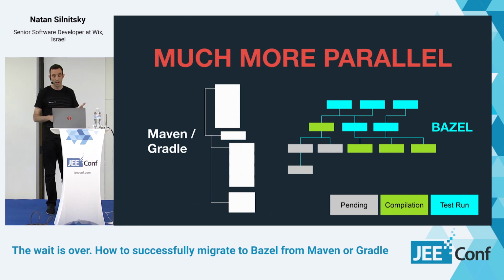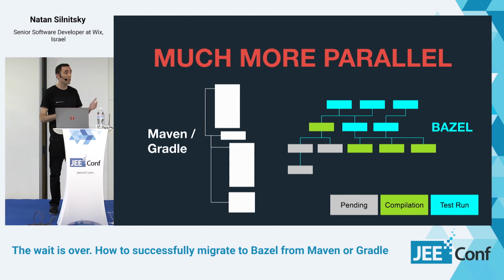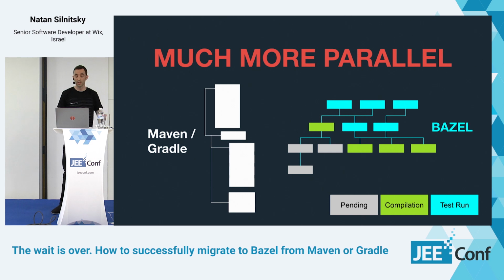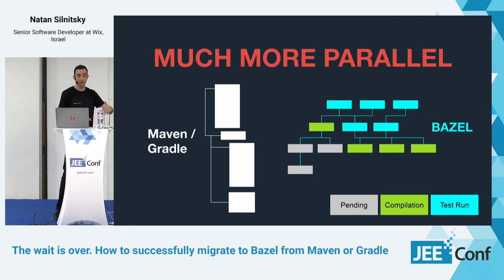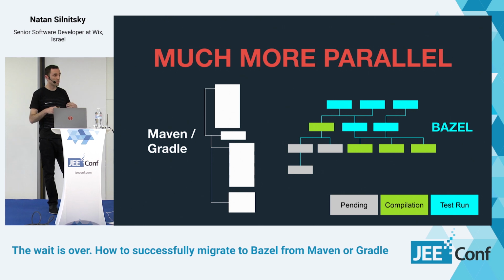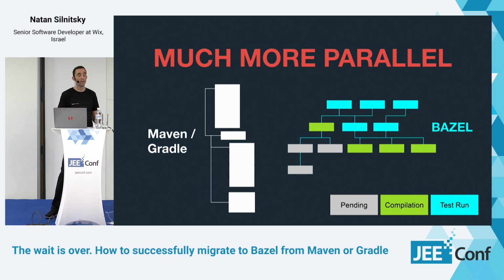Here you can see that in light blue, these targets have already finished compilation and they started running their tests, and at the same time, their dependents are finishing up the compilation. So you can see here that Bazel really tries to maximize the amount of parallelism it strives for.